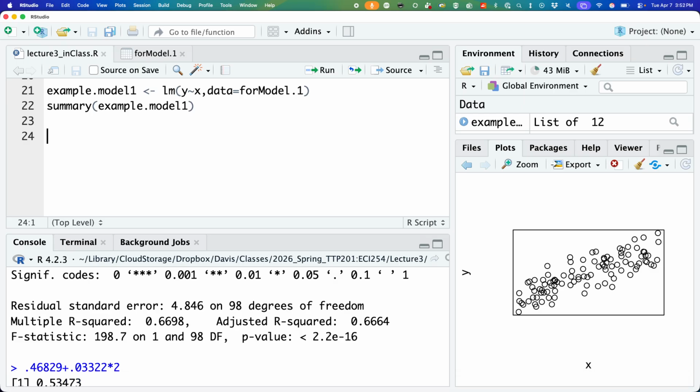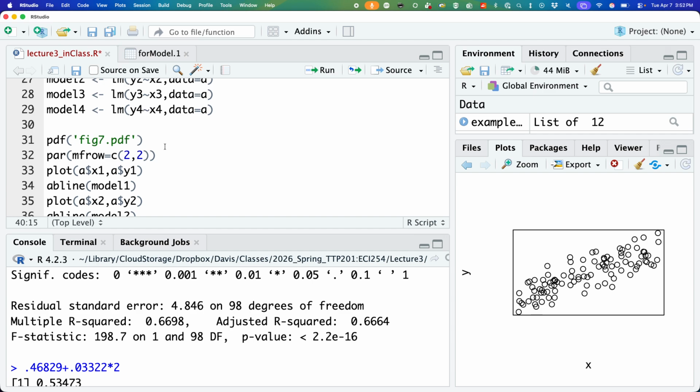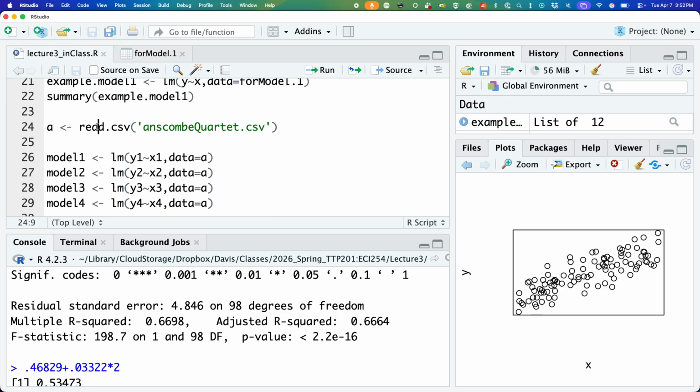All right, so I'm going to leave us with one last thing. Don't worry about following along or anything. I'm just going to talk about a particular example. Has anyone actually heard of the Anscombe quartet? No. Okay.